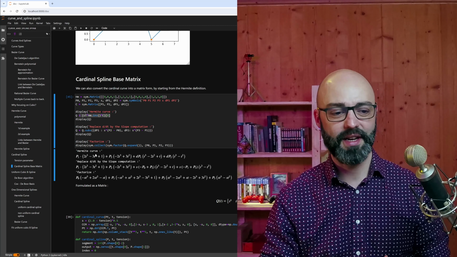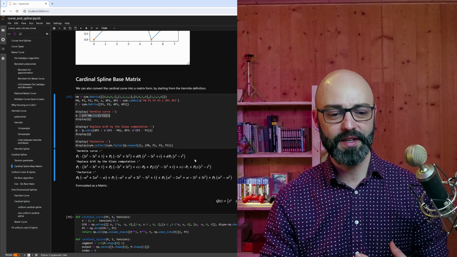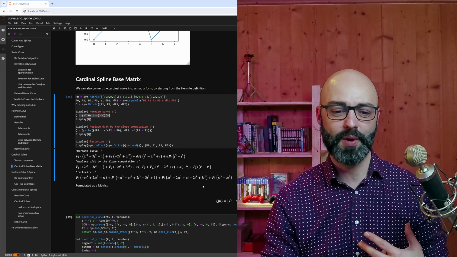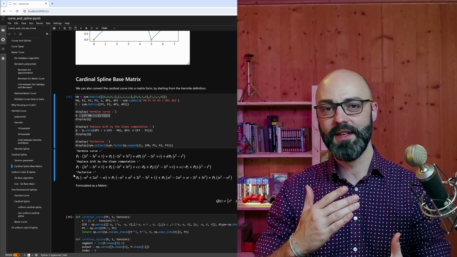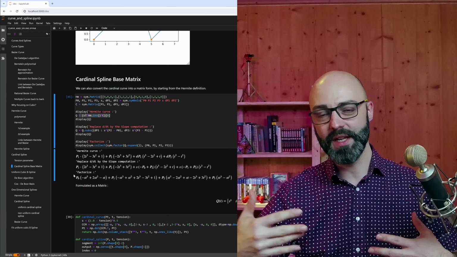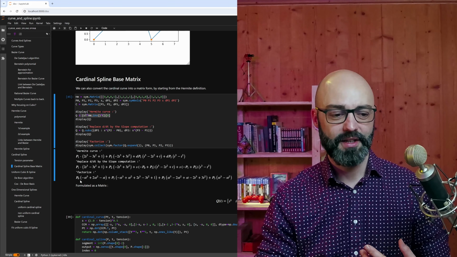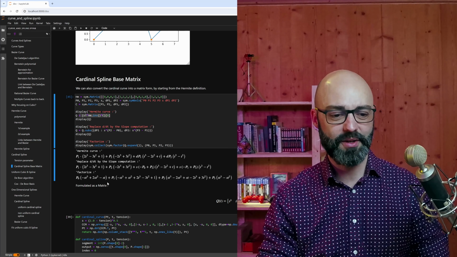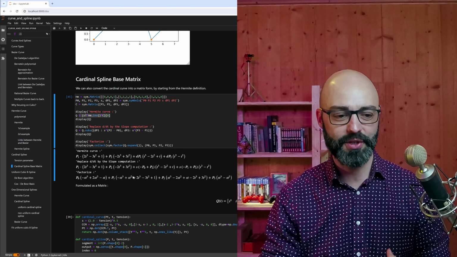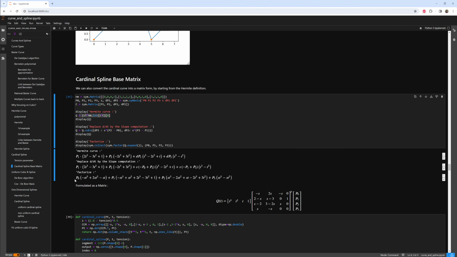If I again ask it to solve for this and write it as a P0, P1, P2, P3 function, I now really get a function of P0, P1, P2, and P3 directly, with all the factors. We don't have the derivative inside of our matrix anymore, but a bunch of S that represents our curve.